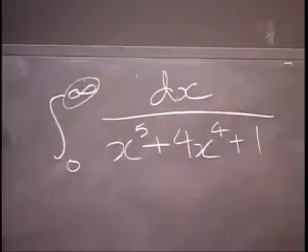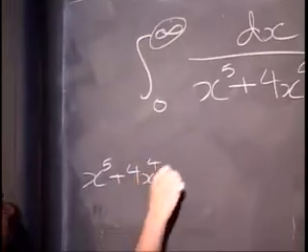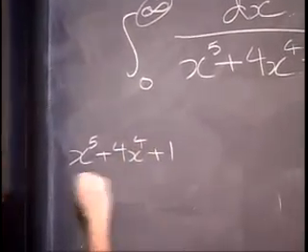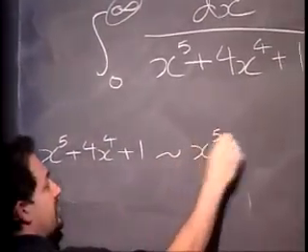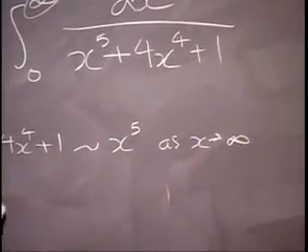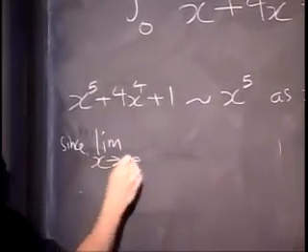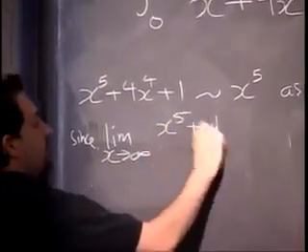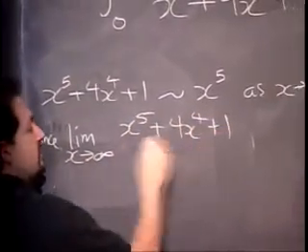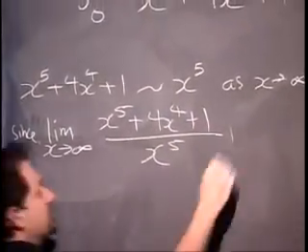Okay, so I take a look at x to the 5 plus 4x to the 4th plus 1. I'm going to claim that that tildes x to the 5 as x goes to infinity. And just for yocks, I'll justify it. Since the limit as x goes to infinity of x to the 5 plus 4x to the 4 plus 1, you divide by x to the 5, and it's really obvious that this is going to work.